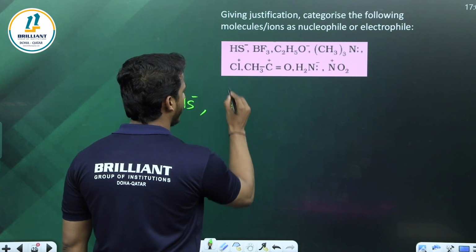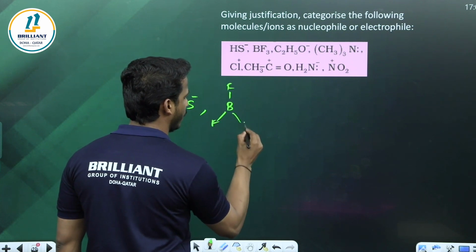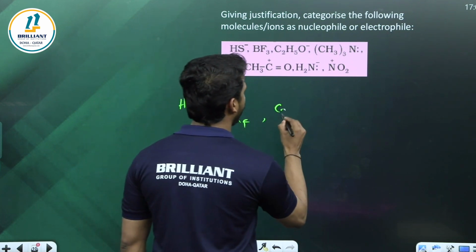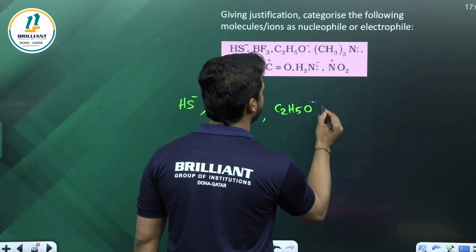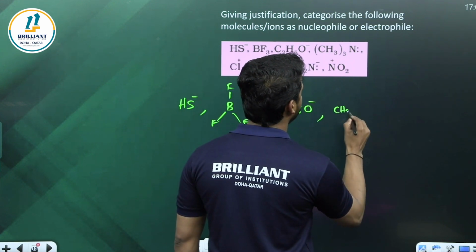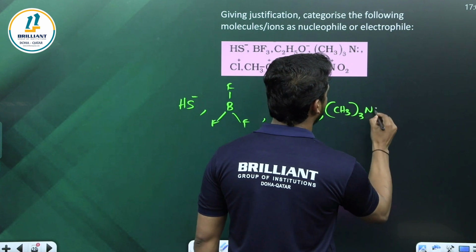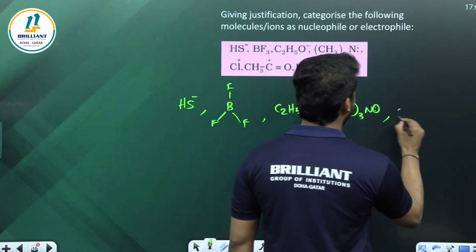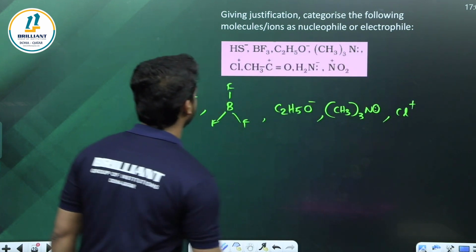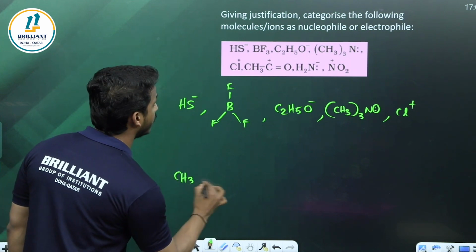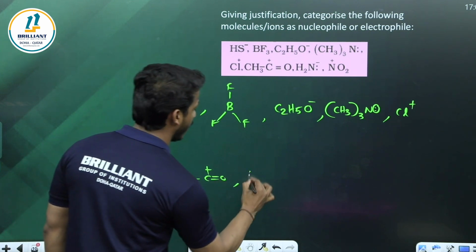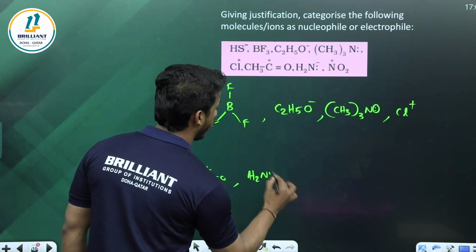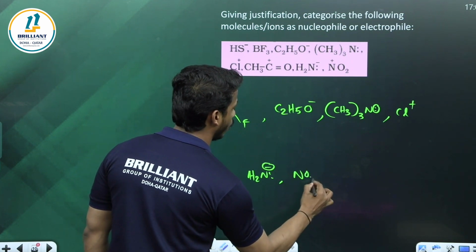The other one is BF3, just discussed now. Then C2H5O minus. Then (CH3)3N with a lone pair. Then Cl plus. The other cases are CH3CO plus, H2N minus with a lone pair, and NO2 plus.